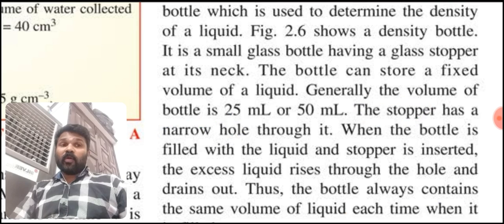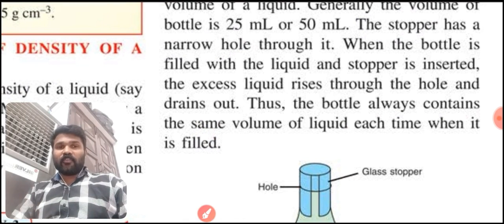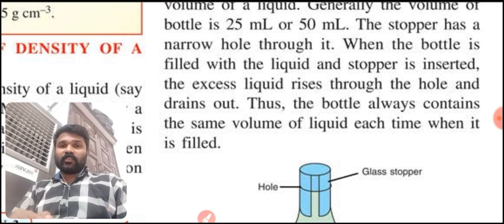Thus, the bottle always contains the same volume of liquid each time it is filled, because the excess liquid drains out when we insert the stopper. That's why it shows a constant volume of liquid always.